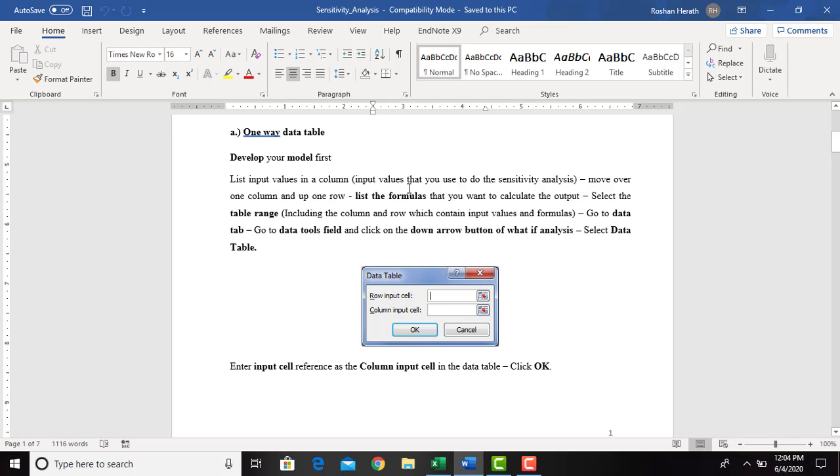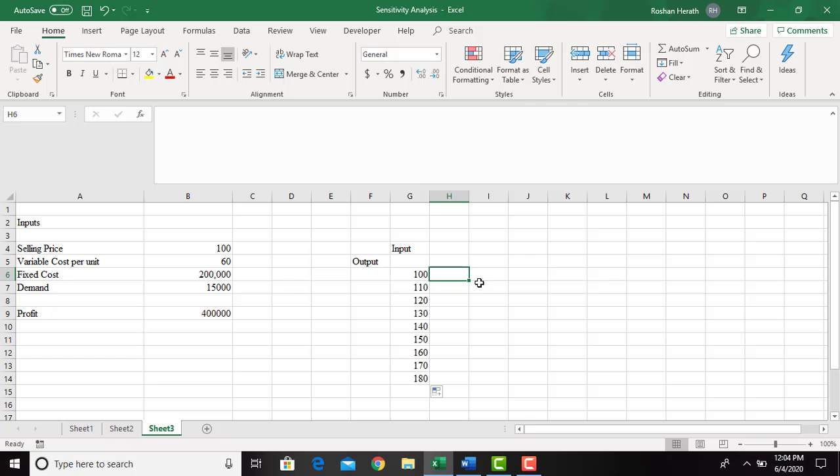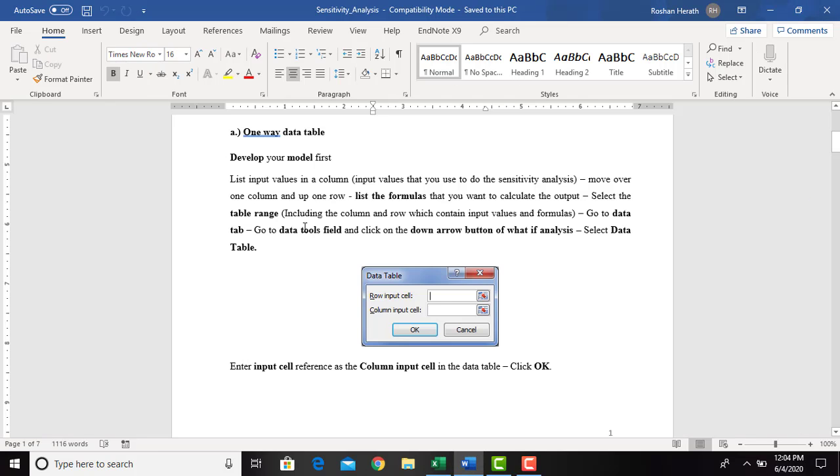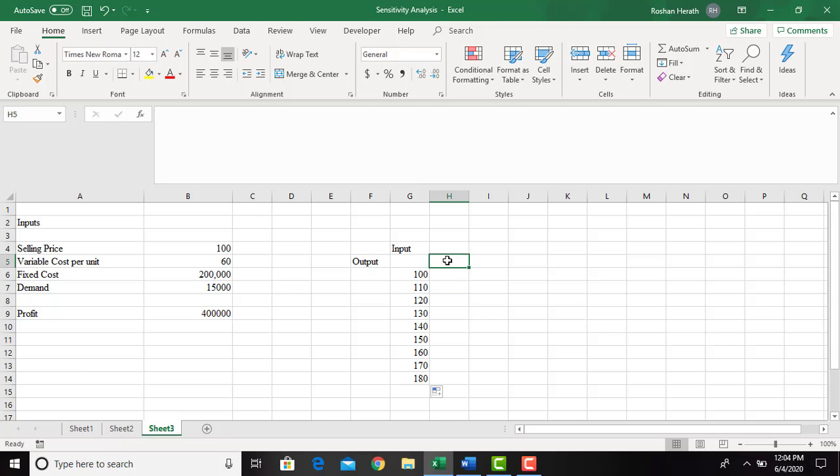As the question says that you have to move over one column. So that is in the sense you have to go to the next column. Having visited the next column, you have to go one row up. So in this particular place, you have to get the output of your model. Right? Remember, you are going to get the output of your model. What was the output of your model? It was the profit. So you may go to this profit and make the reference. This is the most crucial aspect.